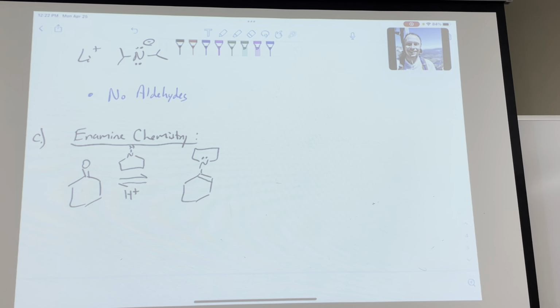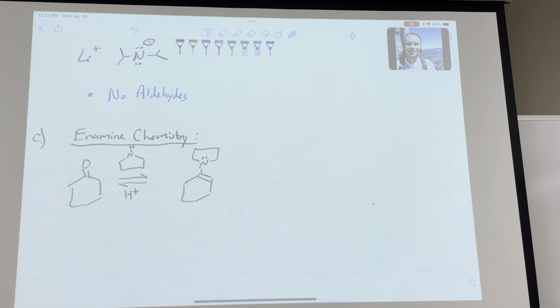And what you should note is this enamine is very enolate-like. You've got the double bond here and an adjacent heteroatom.